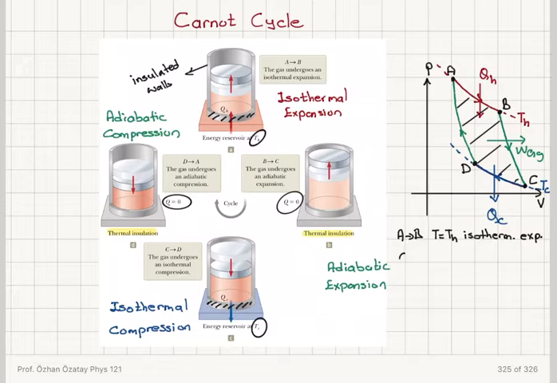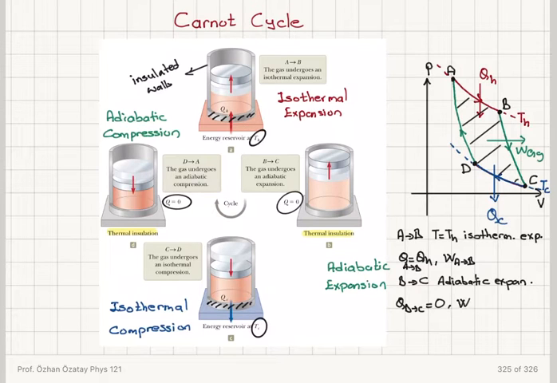So heat added to the system is QH between A and B, and the work done on the system is W A to B. And similarly, we have B to C, an adiabatic expansion, and this is going to have no heat exchange, so there will be no heat added to the system.